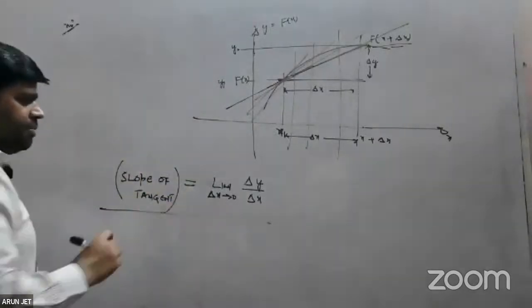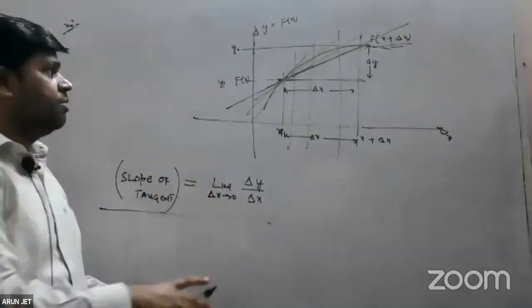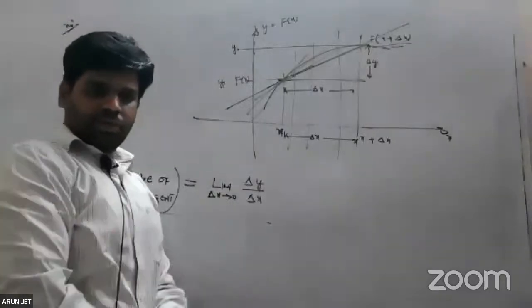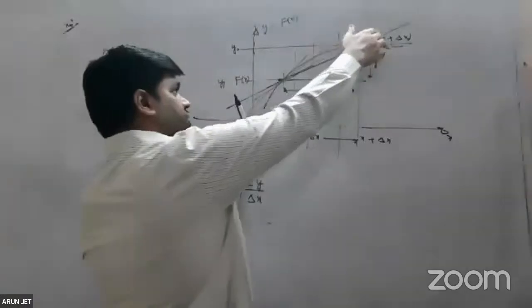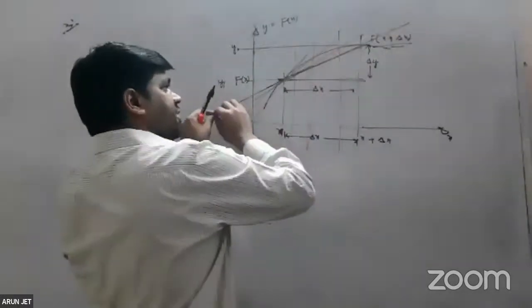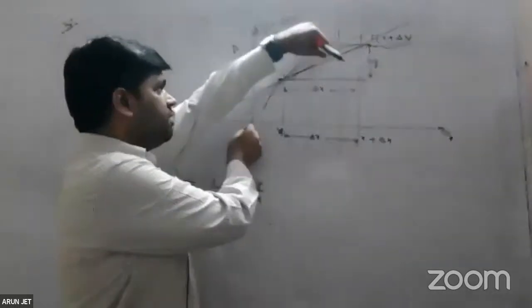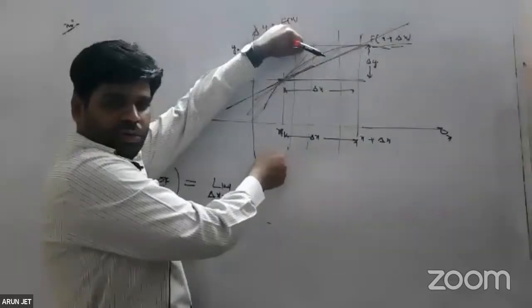So slope of the tangent is nothing but limit delta x tends to 0, delta y by delta x. This makes sense because this chord is becoming a tangent when delta x tends to 0. See, this chord, black line, is slowly turning into the red line, and finally becoming a tangent when delta x tends to 0.